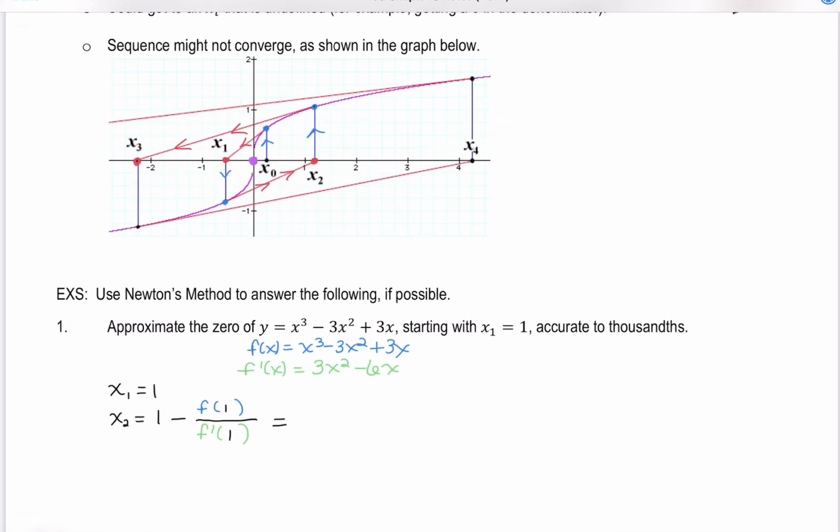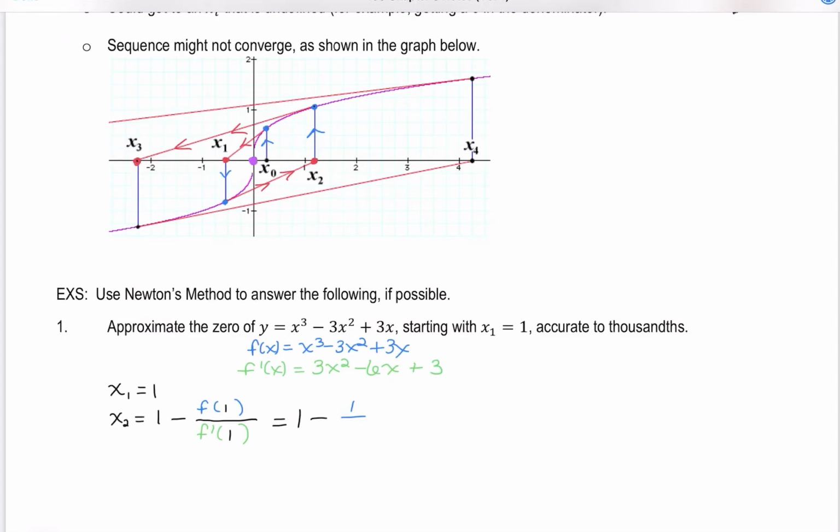In this case, I think we can probably just do this one in our head, and we're only going to take this iteration once, because notice what happens. We get 1 minus f of 1, which is going to be 1 in this case, divided by f prime of 1, which I made a mistake on as I look back up, this should have been plus 3.